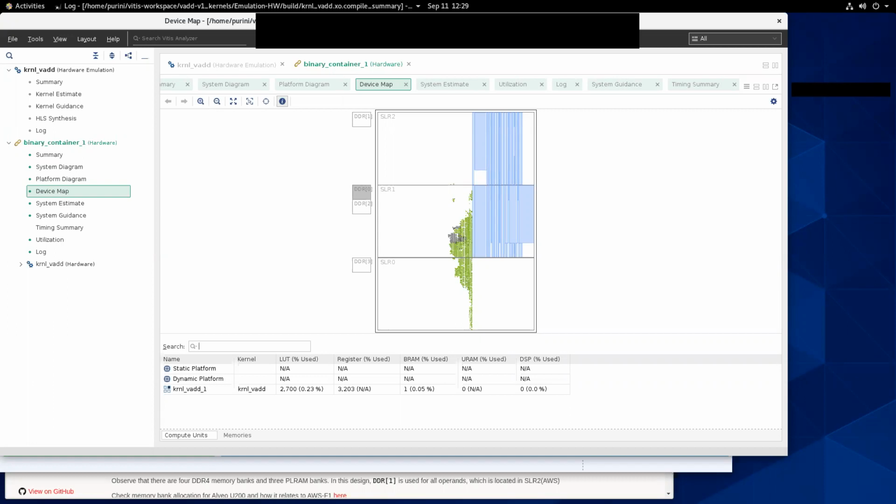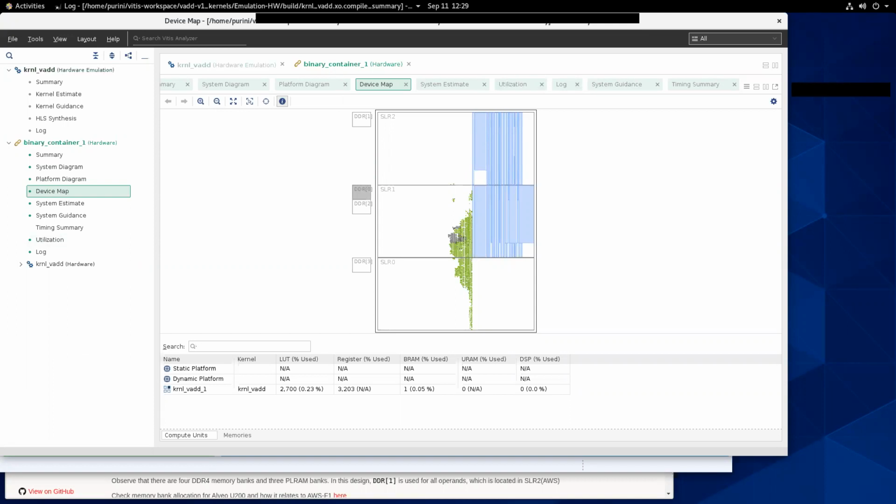You would go for a smaller device which has just one die. Typically the designs that go on a chip of this size would be big enough to span multiple SLRs. Now for Vitis designs in particular, you see these DDRs.